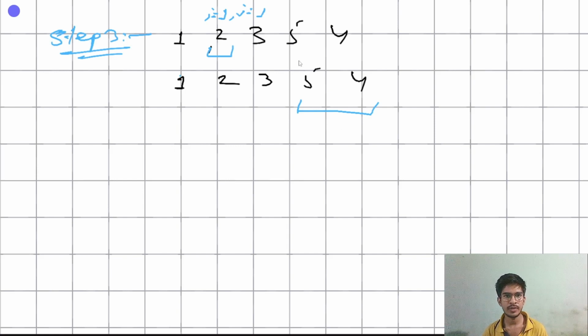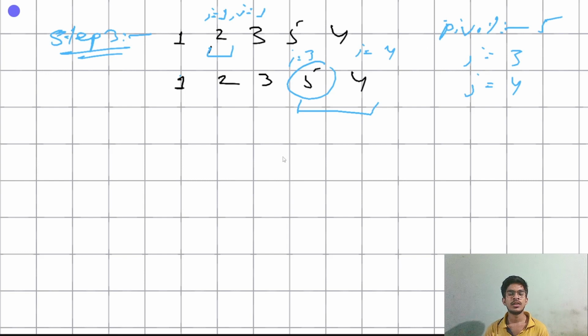In the 5 and 4, we have i equal to 3 and j equal to 4, indexing 0, 1, 2, 3, 4. The pivot element is 5, with i equal to 3 and j equal to 4.